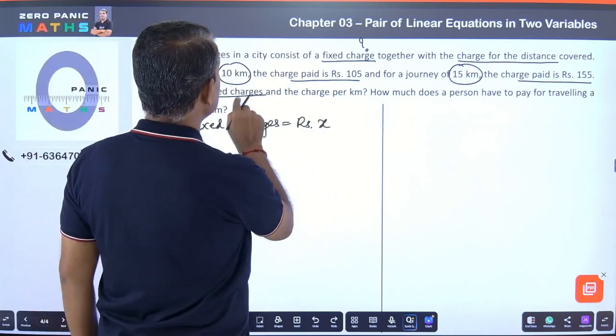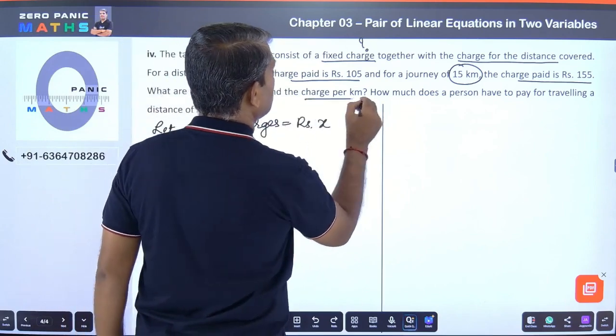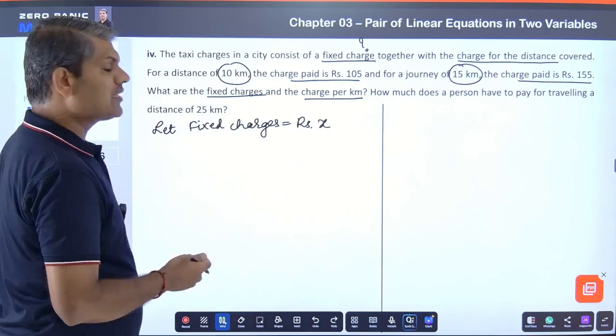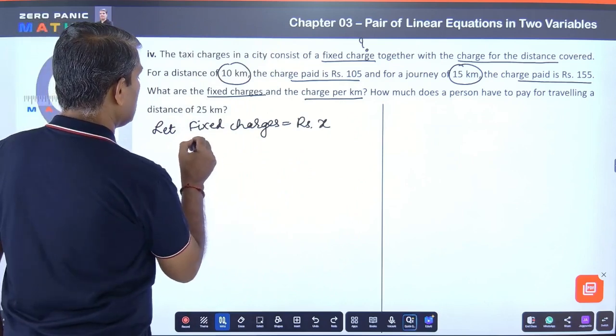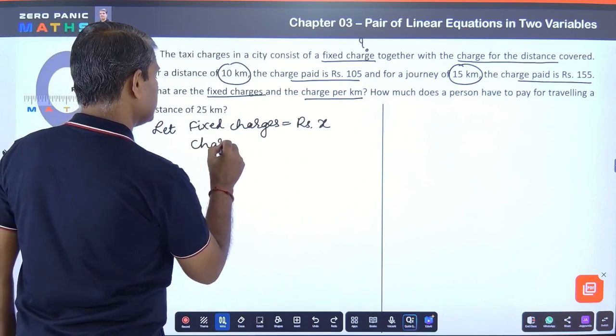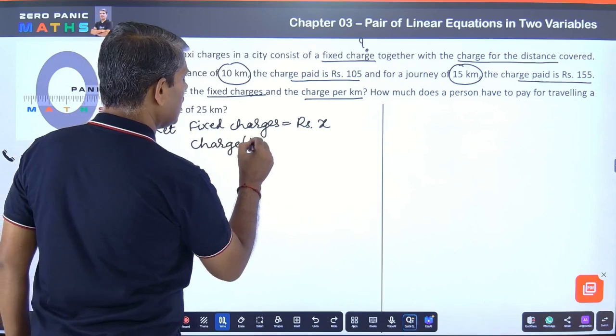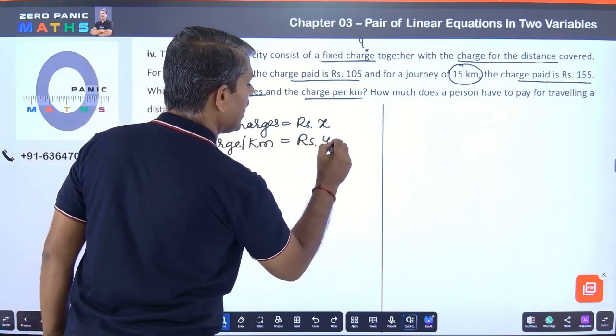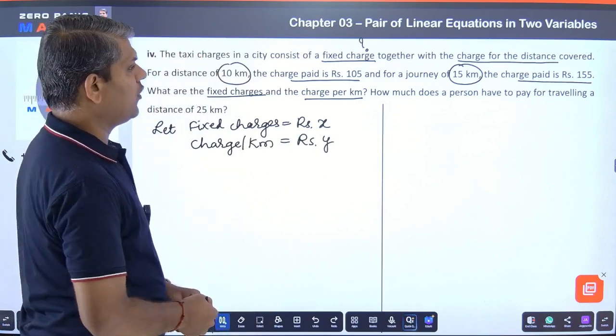So what is the fixed charge and charge per kilometer? Charge per kilometer is another variable for us. It's that simple. So charge per kilometer is rupees y. So x and y are the two variables for us.